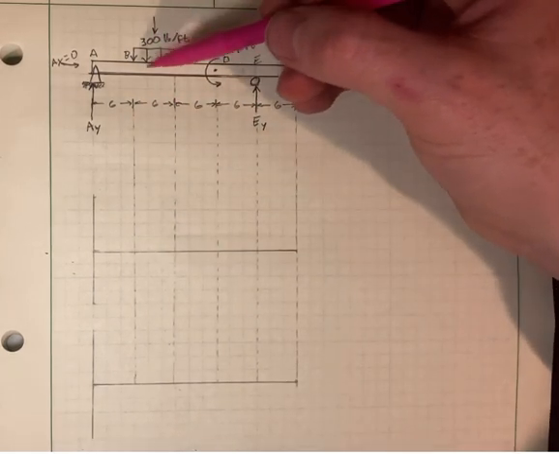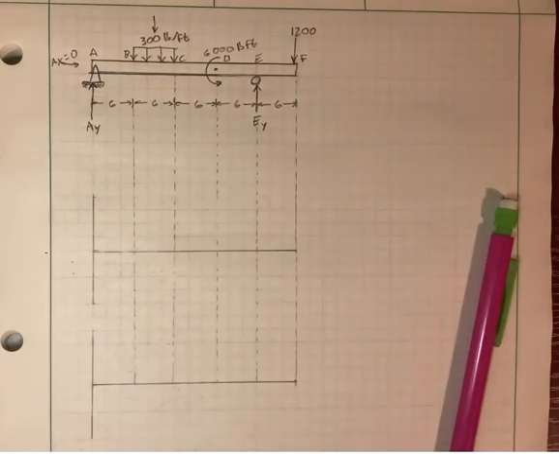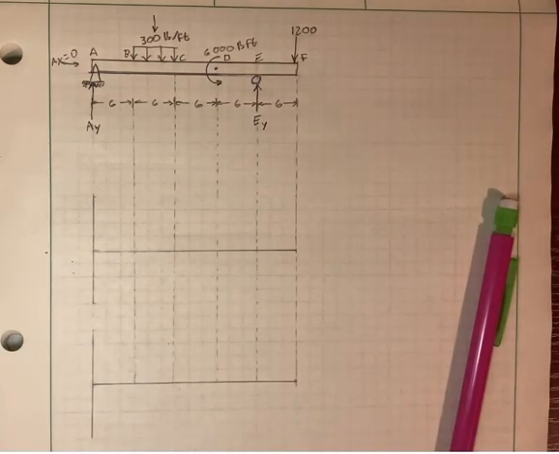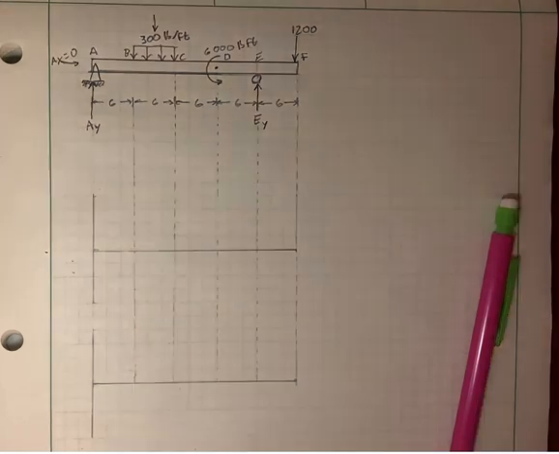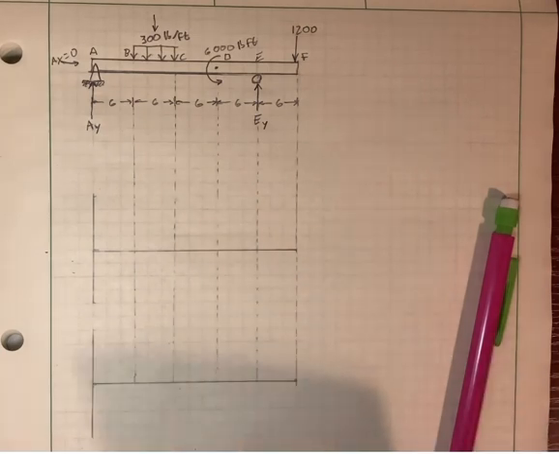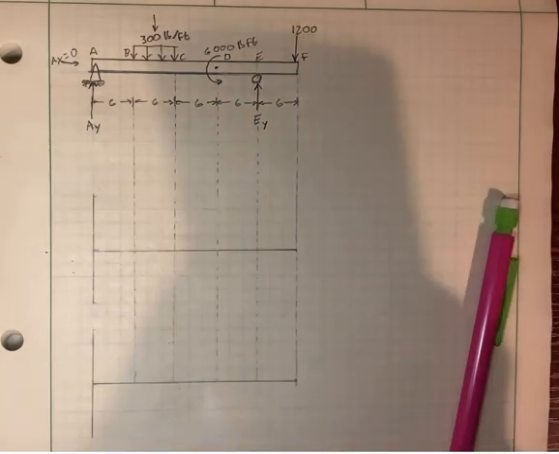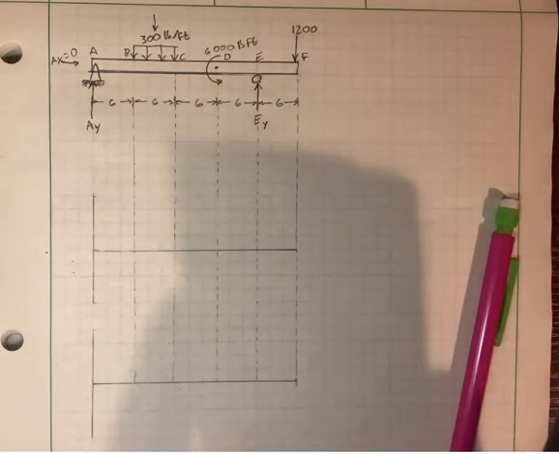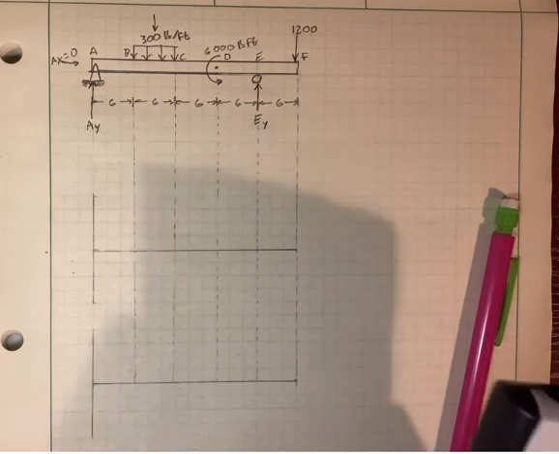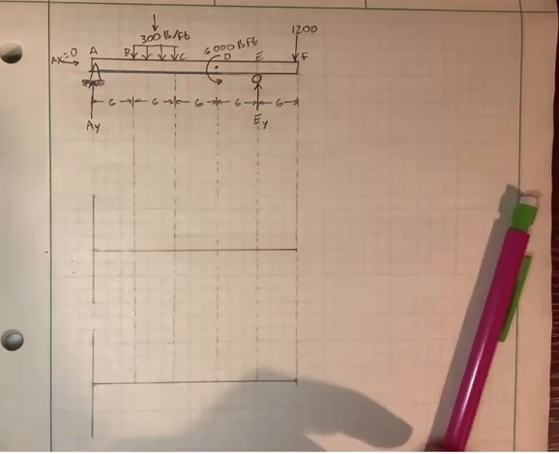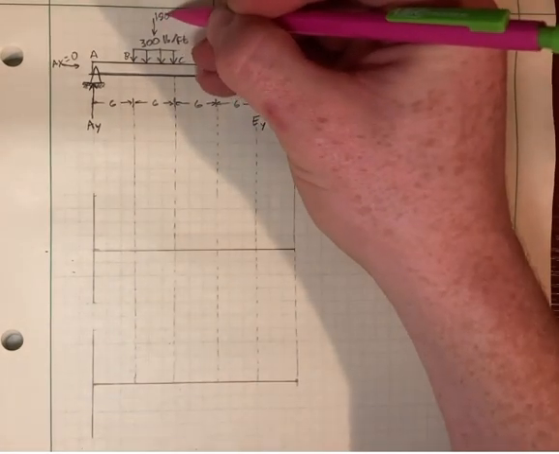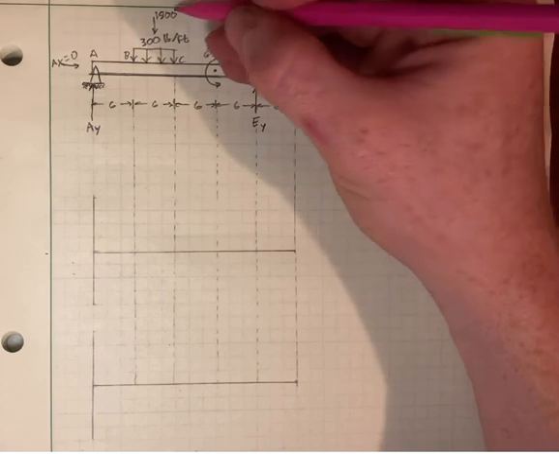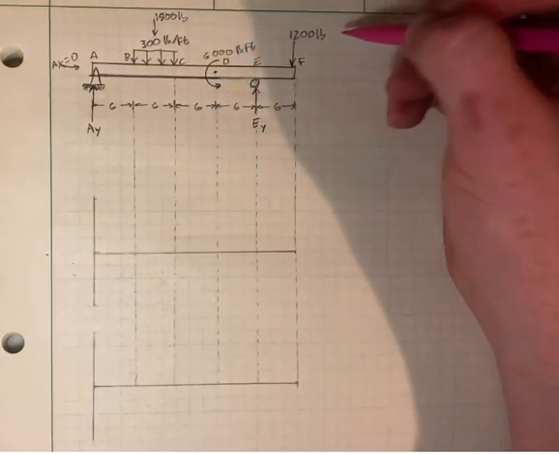You can do 300 times 6, because that's the distance it is distributed over. I have to grab my calculator. So, we got 300 times 6. Great, 1,800. 1,800 pounds right there.